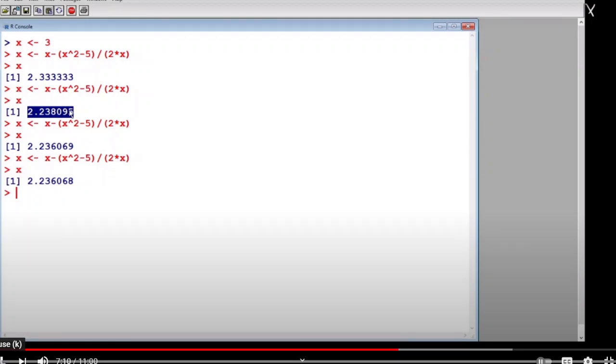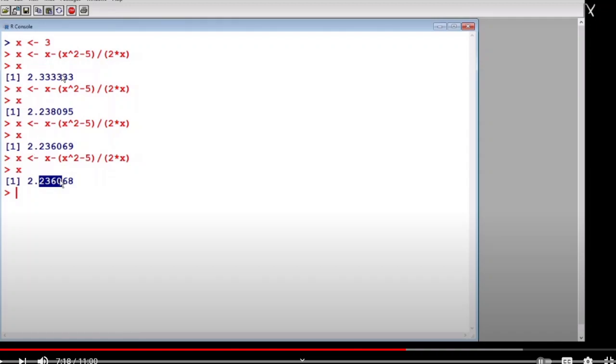We keep on going until we see the first 4 decimal places stop changing from one iteration to the next. I think in the question I want you to round the answer to 3 decimal places. Again, we are trying to approximate the root of x squared minus 5. Look at the question on the handout.